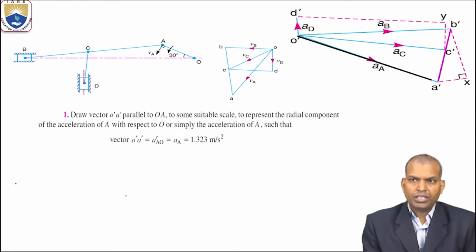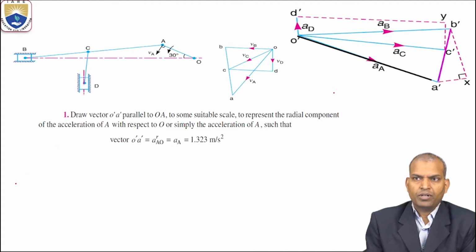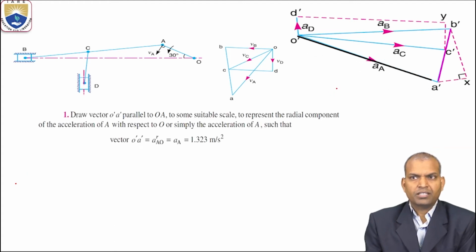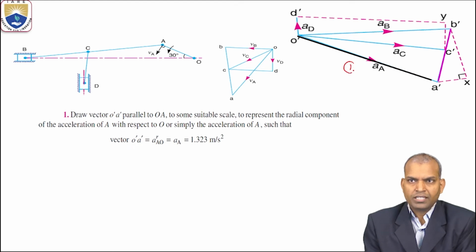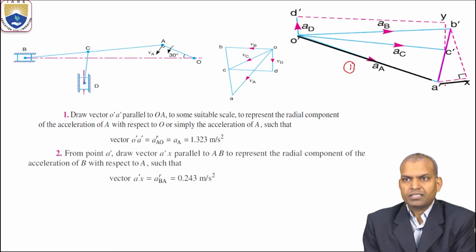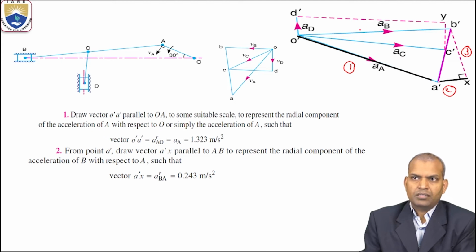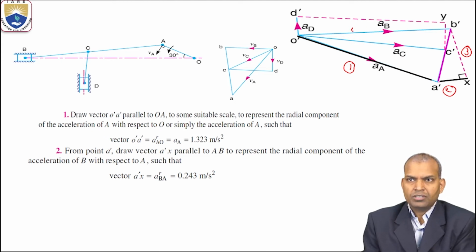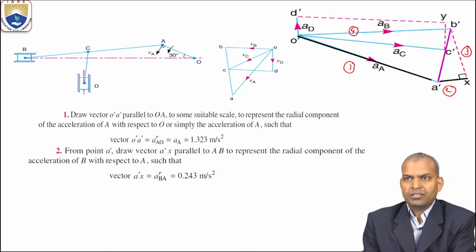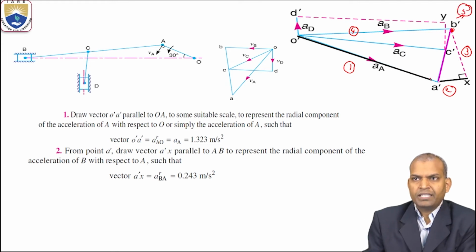Now, what is step 1? Pay attention to how to do the acceleration diagram. O dash A dash is step 1, A dash X is step 2, and X B dash is step 3, and O dash B dash is step 4, and both will intersect at a point B dash, which is step 5, and joining A dash B dash is step 6.